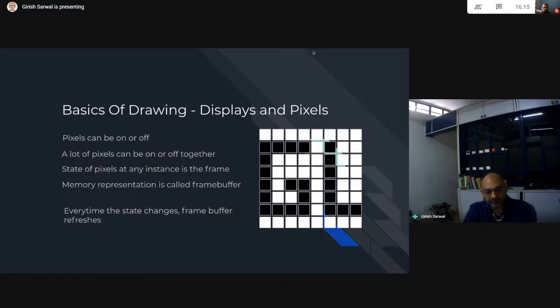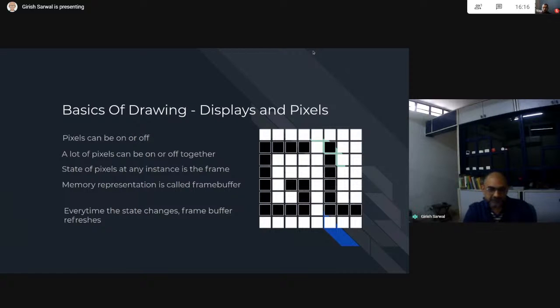And here is a small display, and in this display you would see the words GL. So when you see the words GL, essentially there are some pixels that are on and there are some pixels that are off. So based on turning these pixels on or off, we can combine them together and we can start seeing images on the screen.